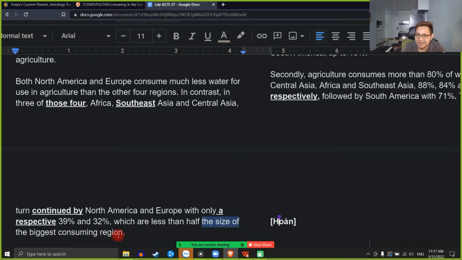People will understand that the size of the region means the area, how many square kilometers or square meters. See? Misconception, misunderstanding here. You're making people confused a lot.